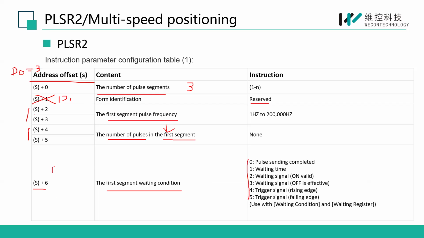If we set D6 to 0, it means the pulse sending is complete, and we can choose 1 to 5. 1 means the waiting time, 2 means the waiting signal of off, 3 means the waiting signal of on, 4 means the trigger signal rising edge, 5 means the trigger signal falling edge.